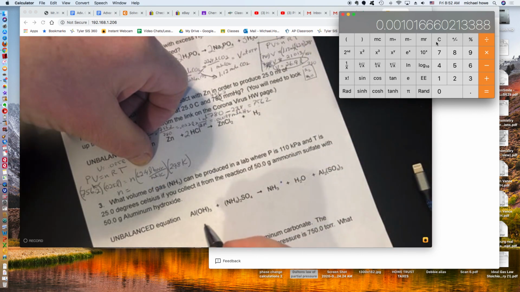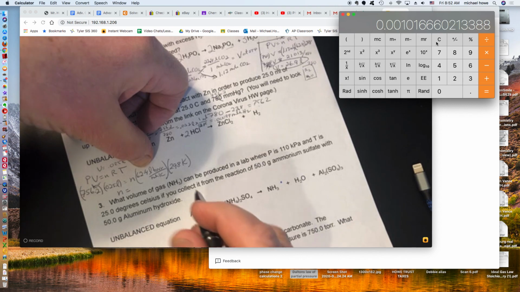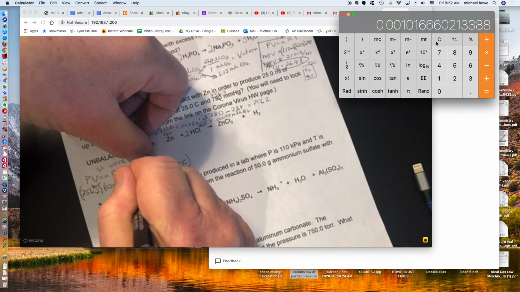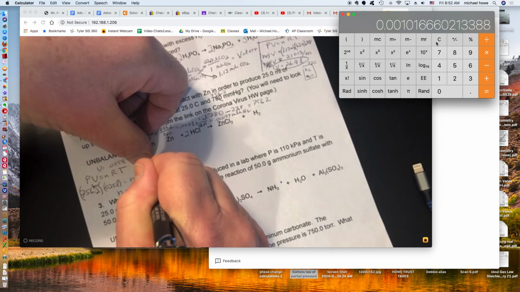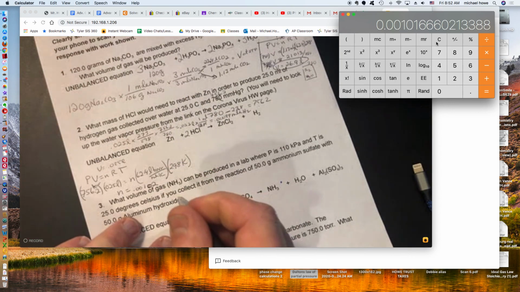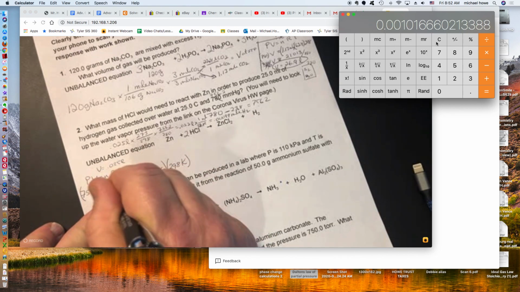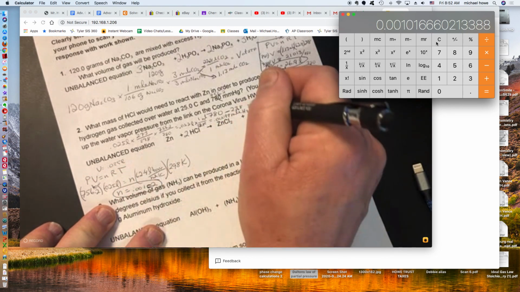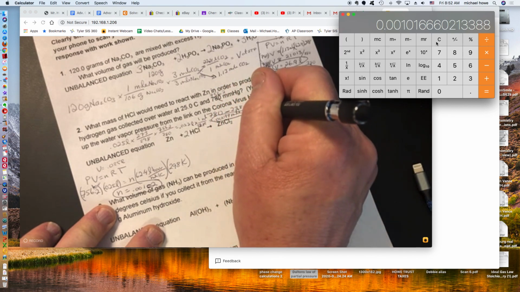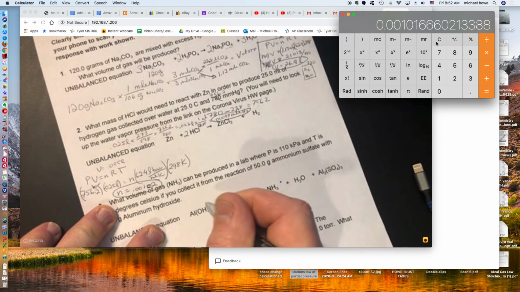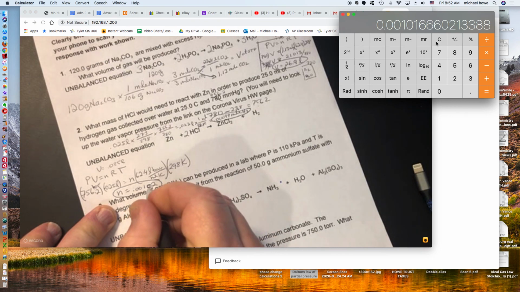Okay, so my n value is 0.00102. Now, this number of moles, and this number should equal each other. And if I round them a little bit more, they will.